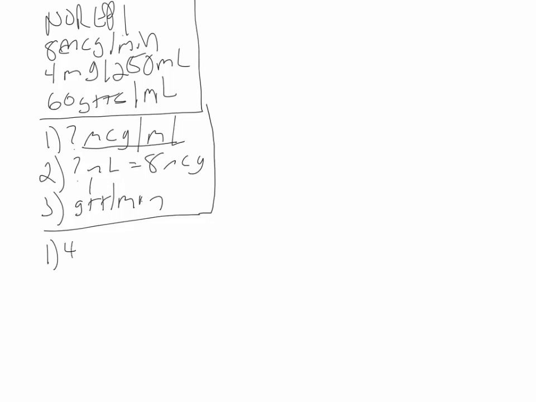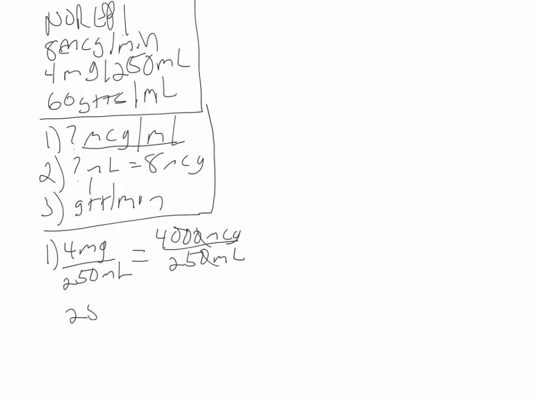Okay, so step 1, how many micrograms are in 1 milliliter? Well, now we have 4 milligrams in 250 milliliters. That equals 4,000 micrograms in 250 milliliters. We can cancel out some zeros.